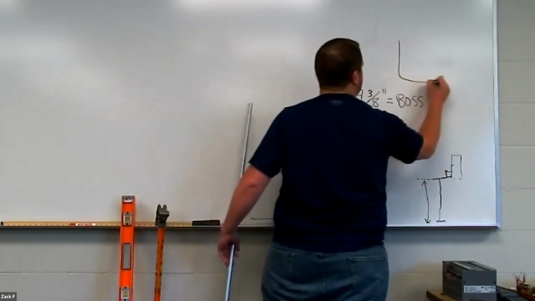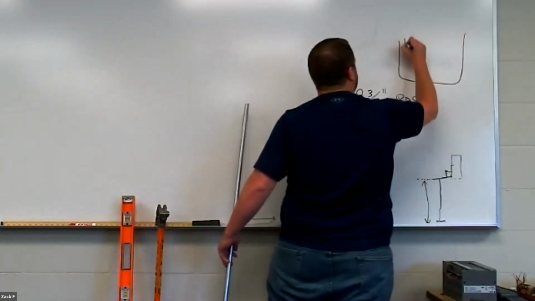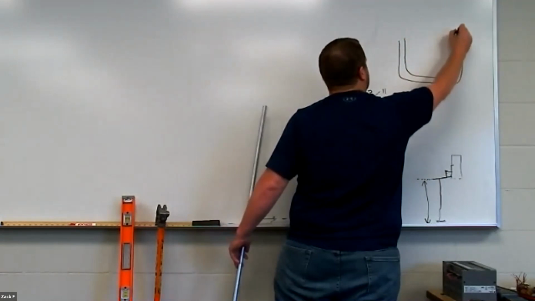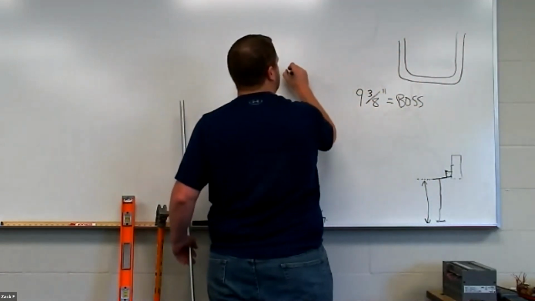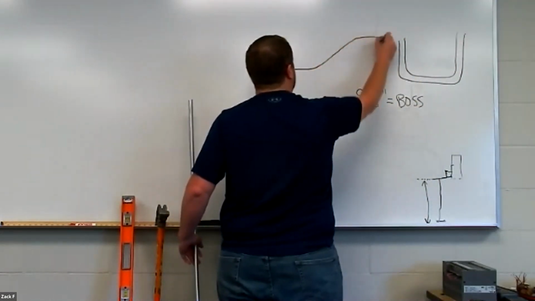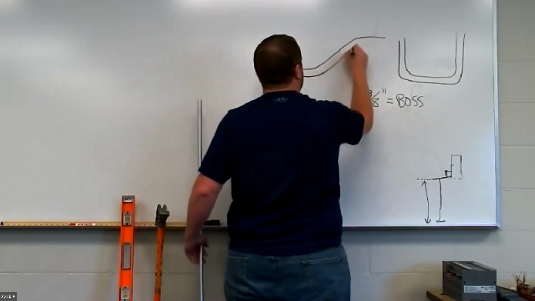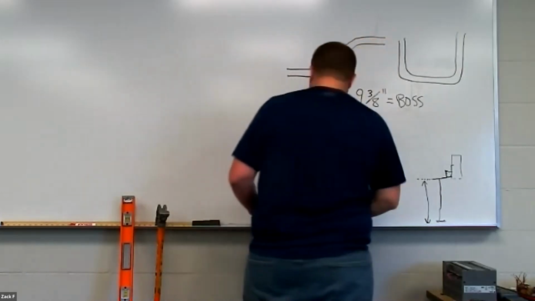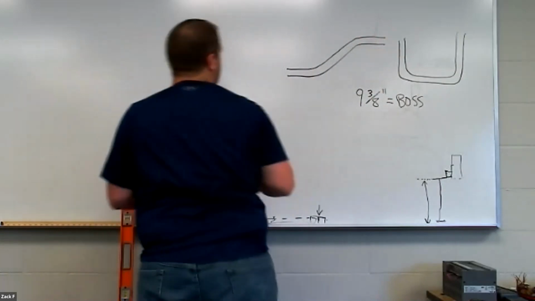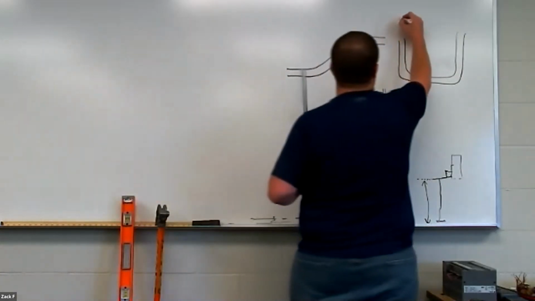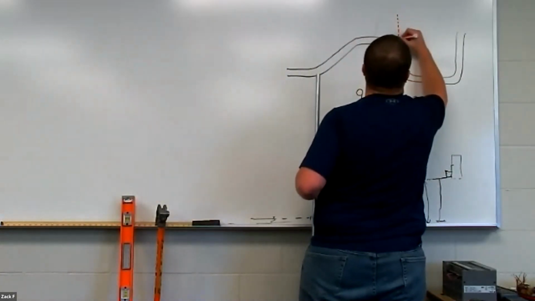Recap. Measuring for a stub 90, measuring for an offset. For a stub 90, you need outside to outside.